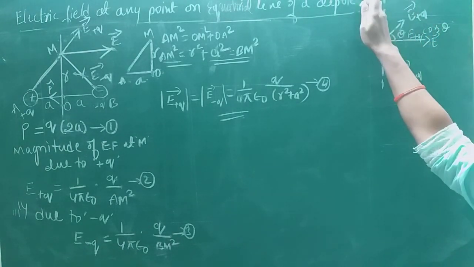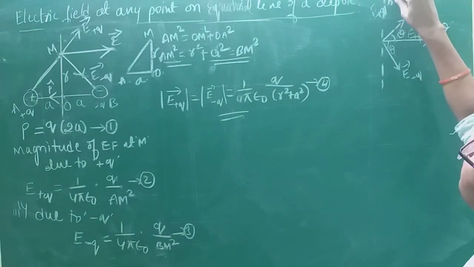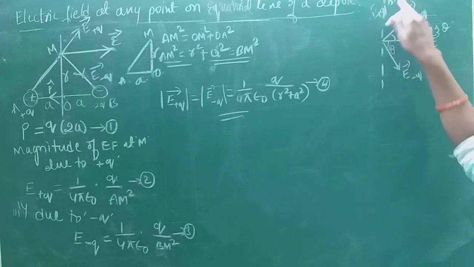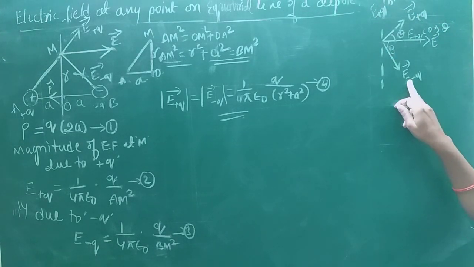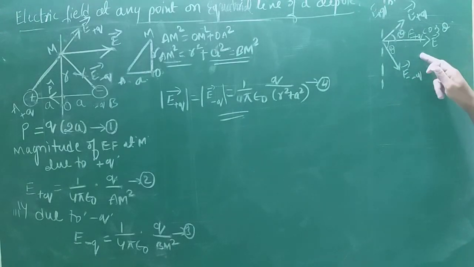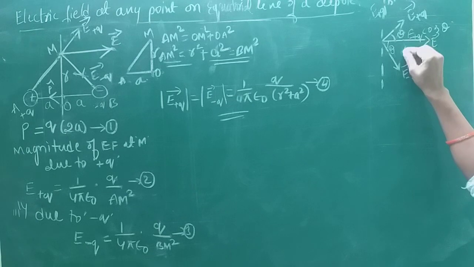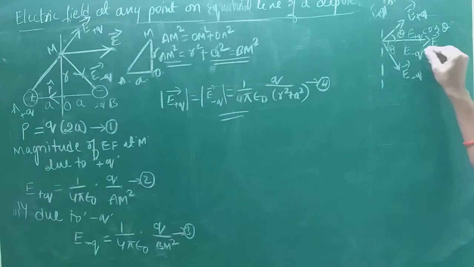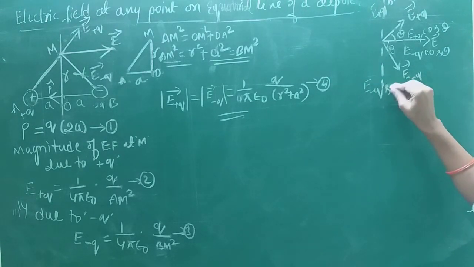And this is the opposite side, right? So we get here E plus Q sin theta. Again resolve vector E minus Q also. Since this is adjacent to this, we get E minus Q cos theta here, and on the opposite side we get E minus Q sin theta.